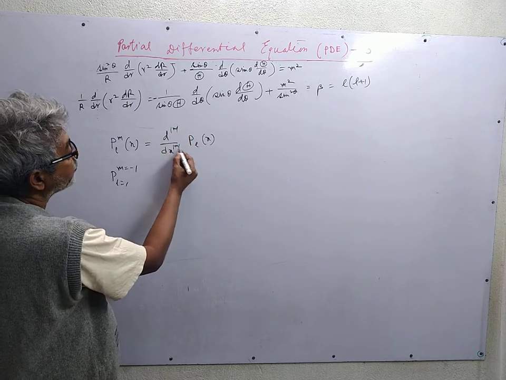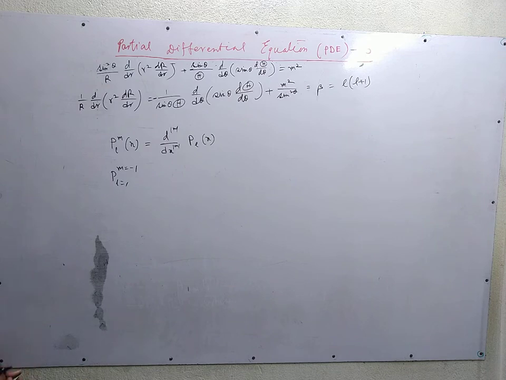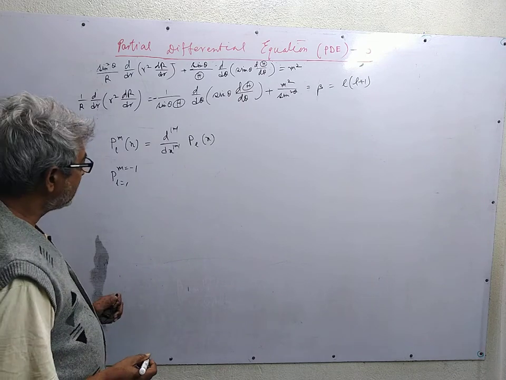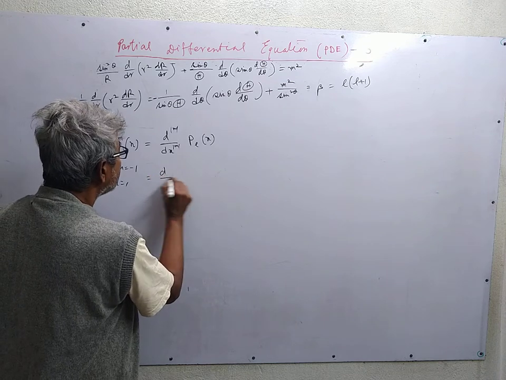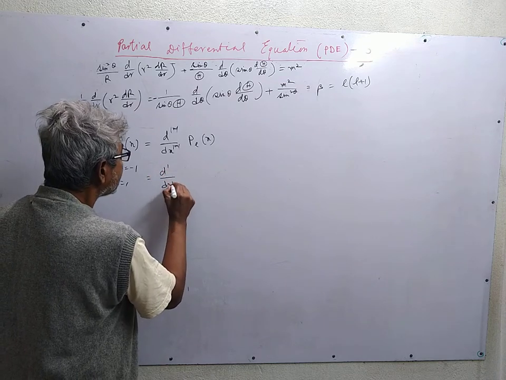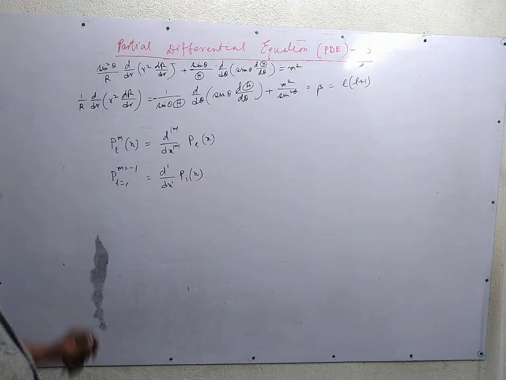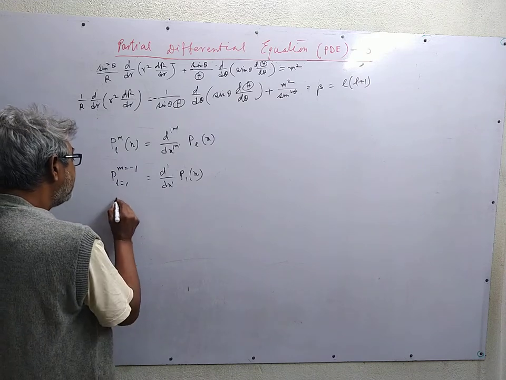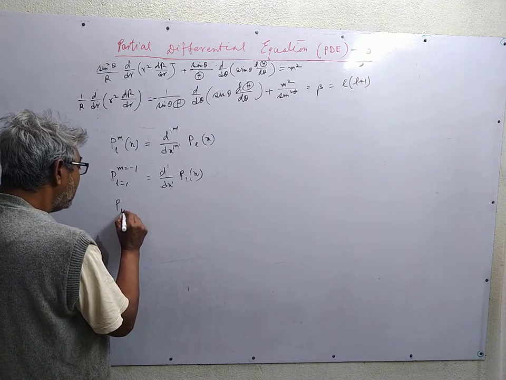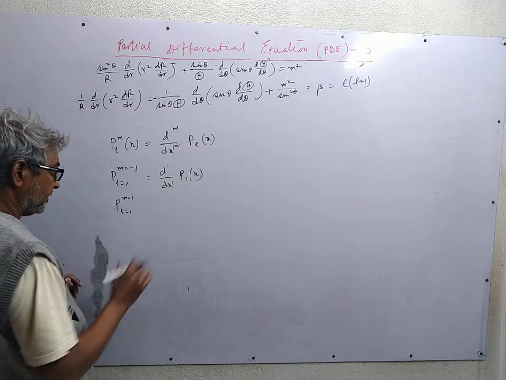That's why we have put the modulus sign. So the meaning is d1 dx1 of P1 of x. This is the meaning. And similarly, P L is equal to 1, M is equal to 1 is also obtained by this relation.